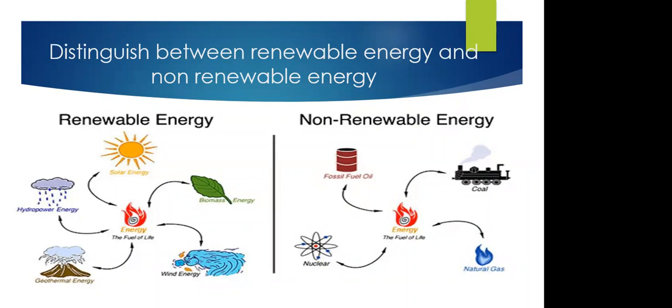It is formed when layers of decomposing plant and animal matter are exposed to intense heat and pressure under the surface of the earth over millions of years. The energy that the plants originally obtained from the sun is stored in the form of chemical bonds in the gas. That is called natural gas.